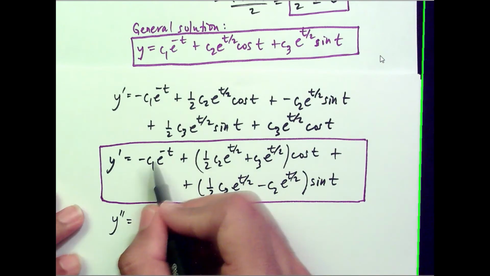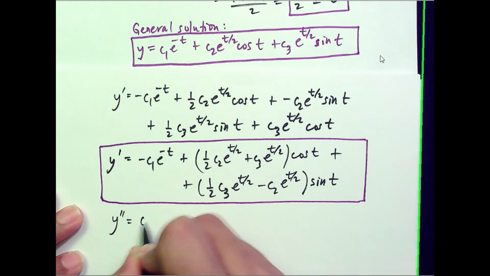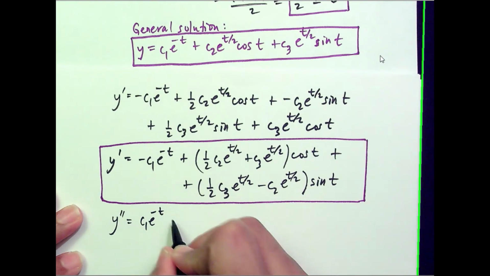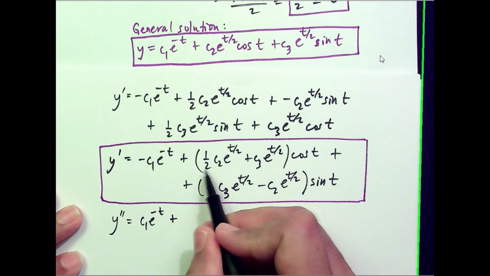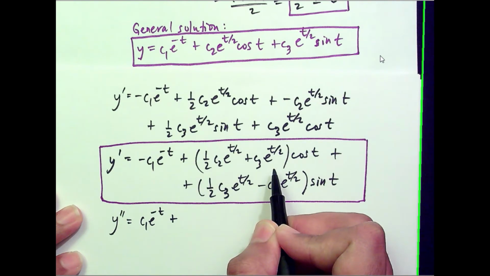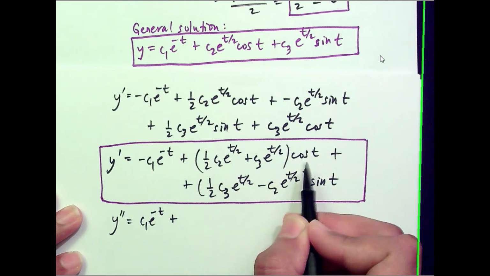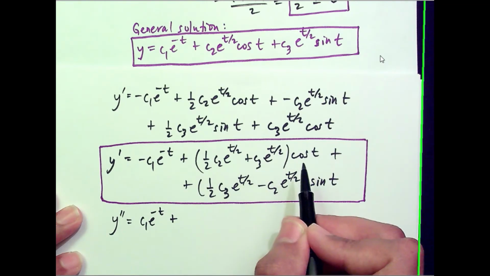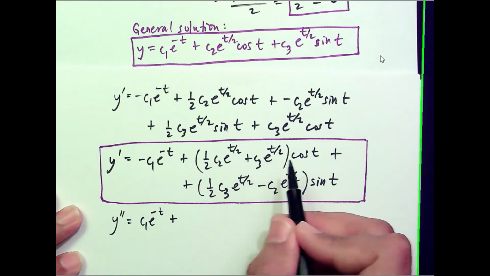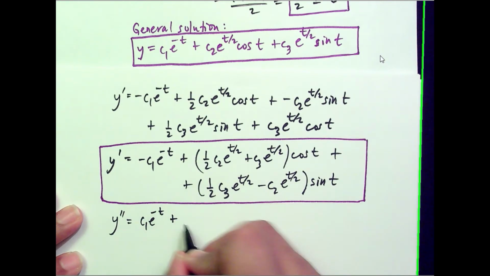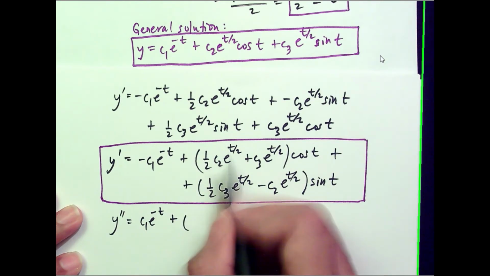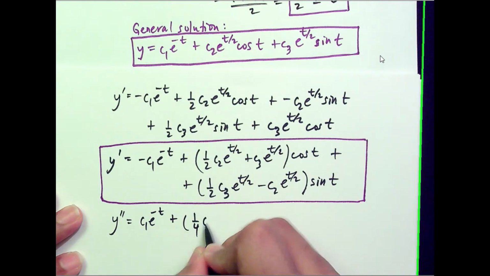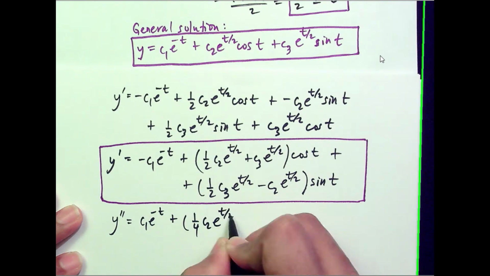Now, the derivative of that is c1 e to the negative t plus, now, everything in the parentheses is going to be the first, and then the cosine is the second. Product rule: the derivative of the first times the second plus the first times the derivative of the second. So the derivative of this part, you get another half, so this is going to be a quarter c2 e to the t over 2.